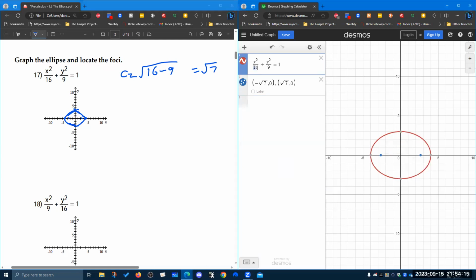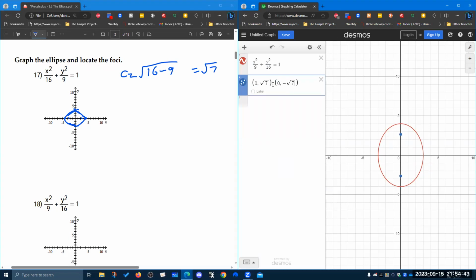Change this to 9 and this to 16, and now we're going to have 0, square root of 7 that way. We're going to have 0, negative square root of 7 this way.